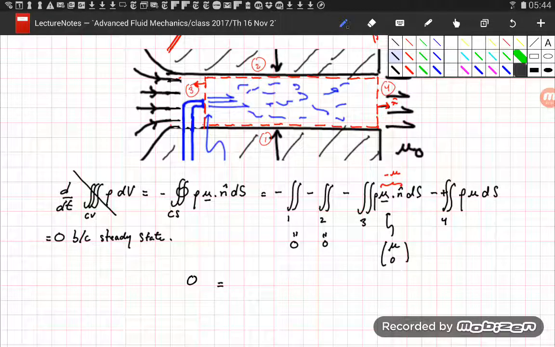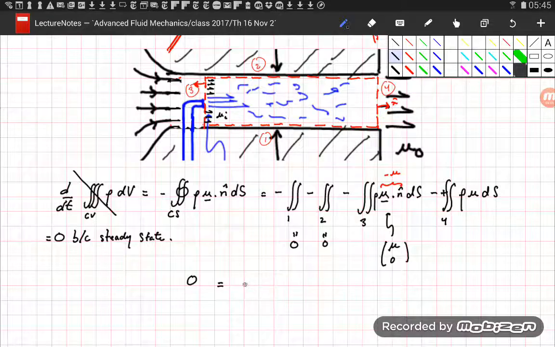Okay, so we have 0 is equal to, now when we look at the control surface 3, we have to make the distinction whether we are at Aj, so at the nozzle, or elsewhere. Elsewhere we'll call the velocity ui, because it's the inlet. We call the velocity of the flow which is entrained ui at the inlet, and we call u0 the velocity at the outlet.